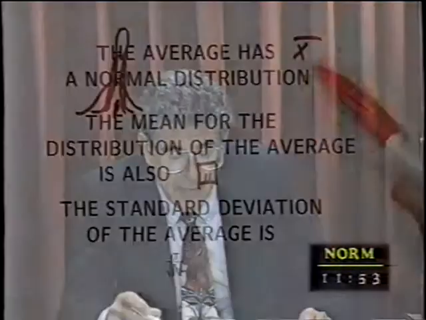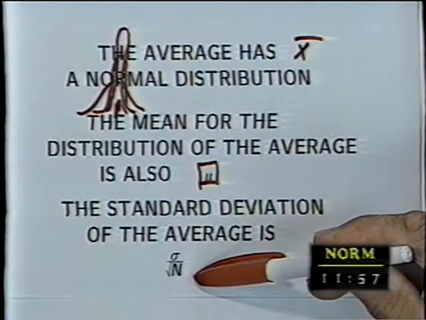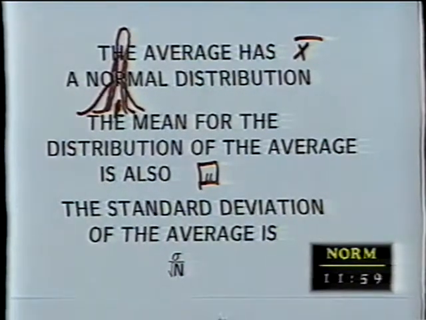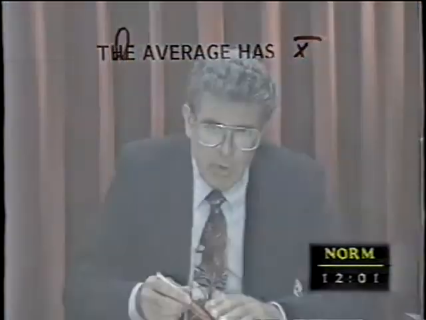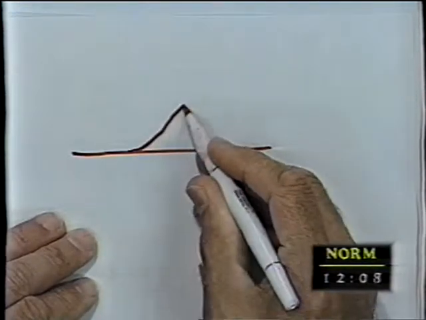And now we're going to talk about estimating the standard deviation. The standard deviation of the average is sigma over the square root of n. Well, where does that come from? Let's draw the picture. We know that if we got some data, the data looks like this.